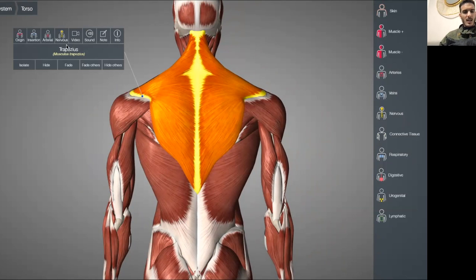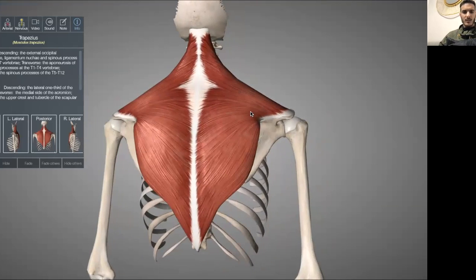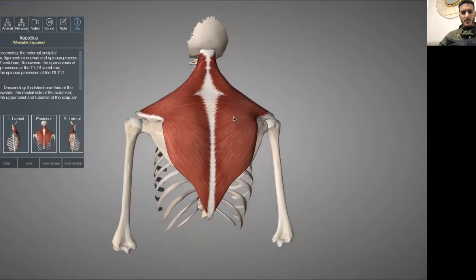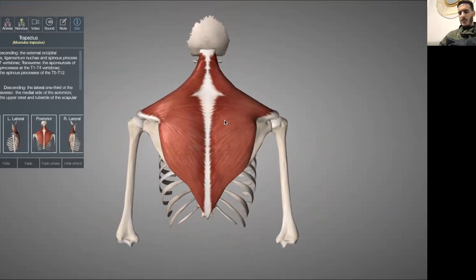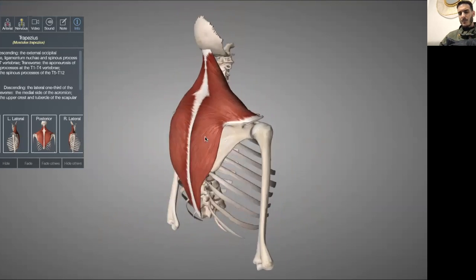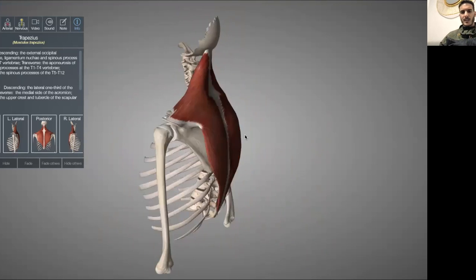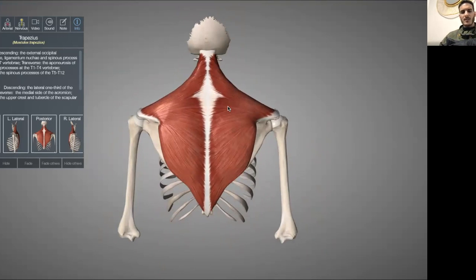Isolated, we can see how it courses around the upper part of the back. It has descending, transverse, and ascending fibers, so it's made up of 3 parts. The origin of each segment is very different.